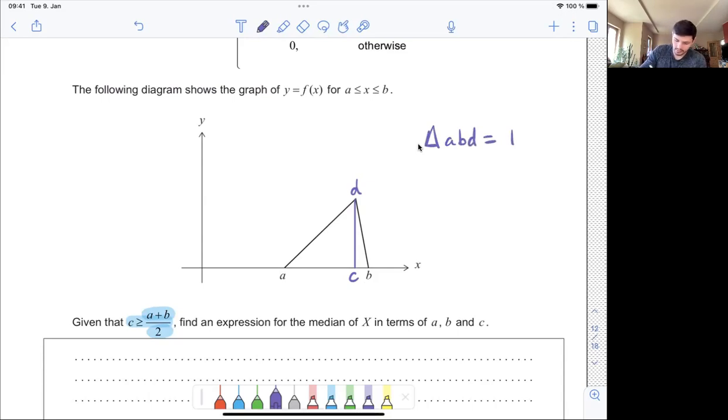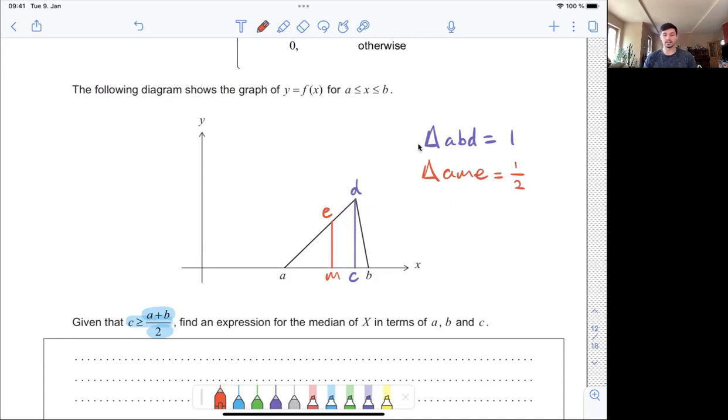Now, if we put the median down here, and then find a point here, let's call that E. That means triangle AME will have to equal a half, because half of the values lie to the right of the median and half lie to the left of the median.